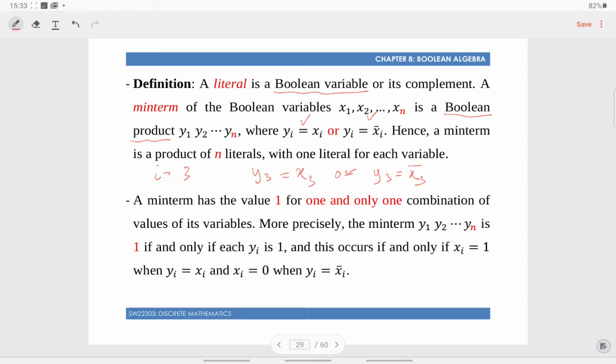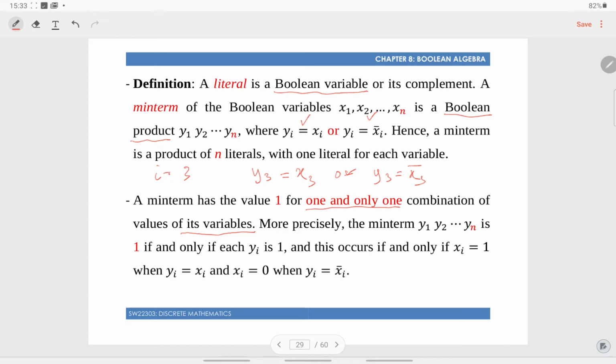A minterm has the value 1 for one and only one combination of values of its variables.